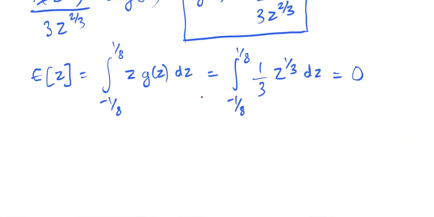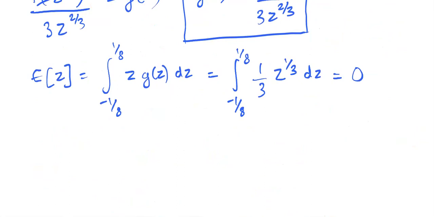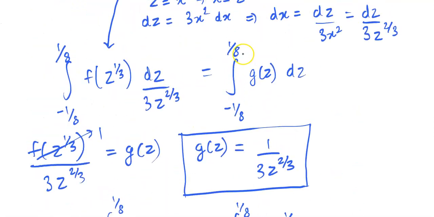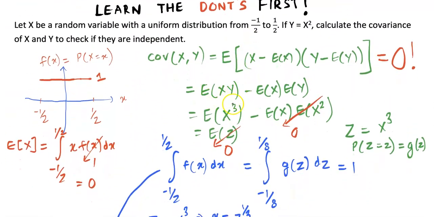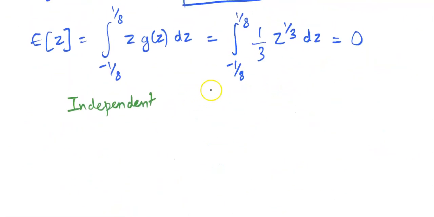So that means, and this is probably the key takeaway from this video, that if two random variables are independent, then the expectation of xy would equal the expectation of x times the expectation of y, and that means that covariance would be 0.